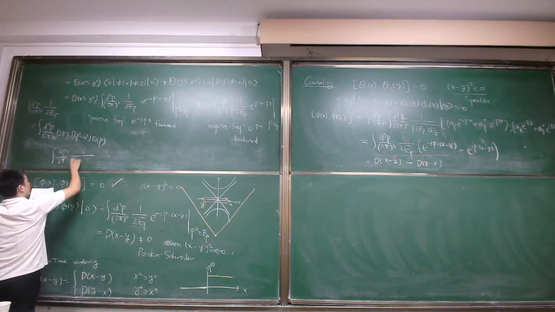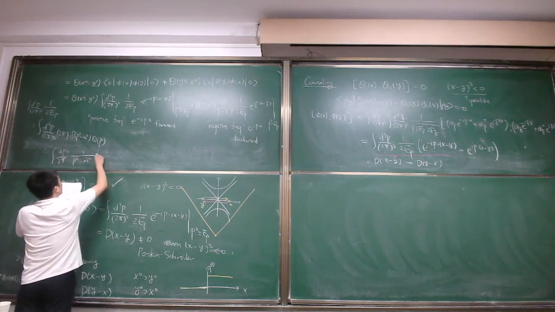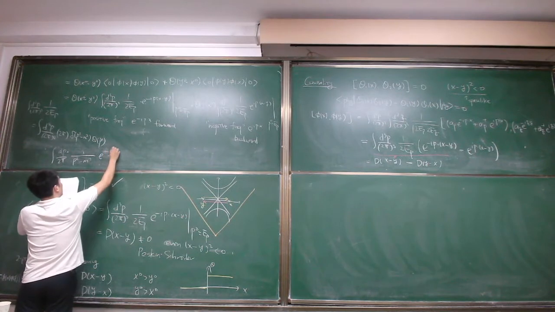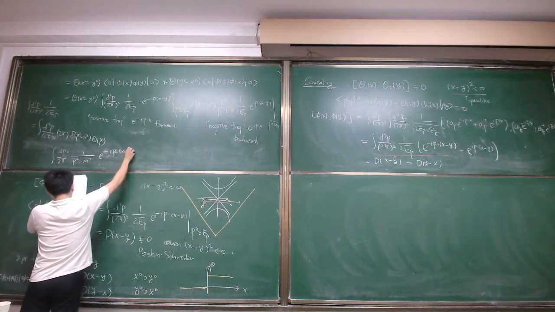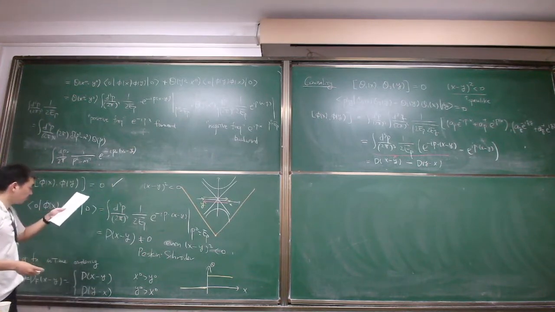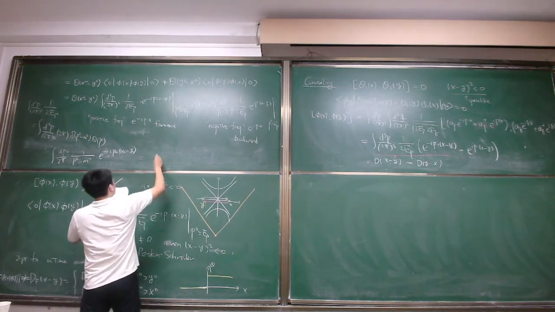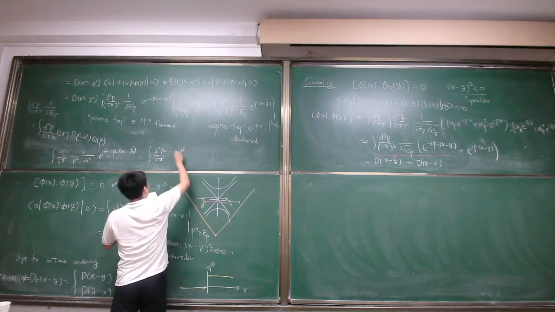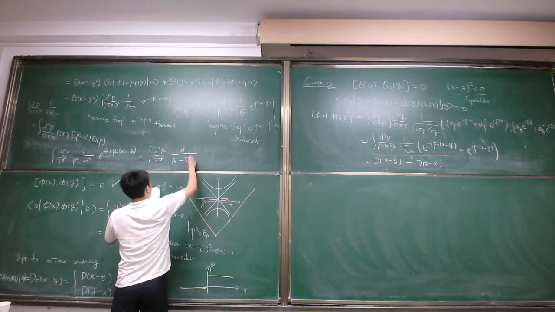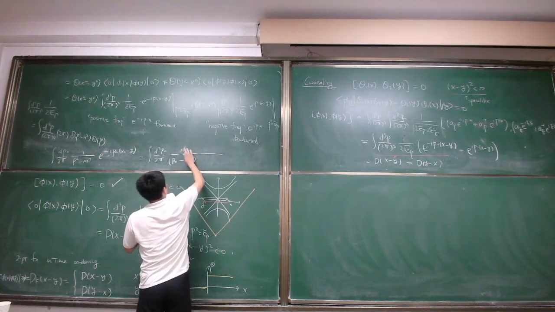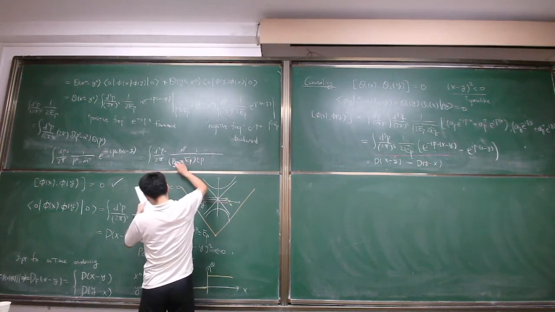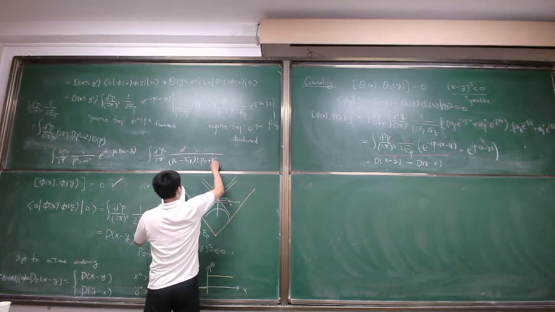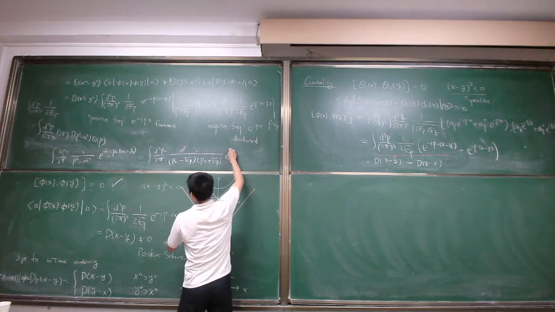We just consider this kind of integral, e to the i, and this can be understood as dp0 over 2 pi, 1 over p0 minus omega_p, sorry, I think it should be p0 plus omega_p, and e to the minus i p0 (x0 minus y0).